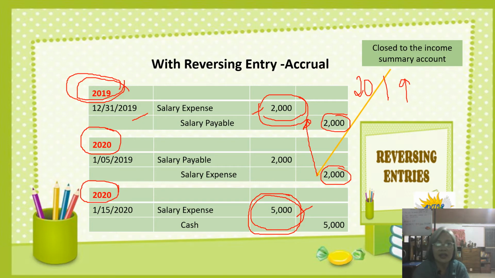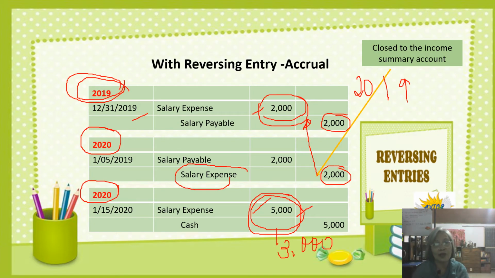Why? Kasi ni-reverse na natin tong salary expense. Pagpasok nitong expense na to sa expense account, meron na kagad nakakredit doon na 2,000. So, ang matitira lang doon ay 3,000, which is the actual expense for the current period.